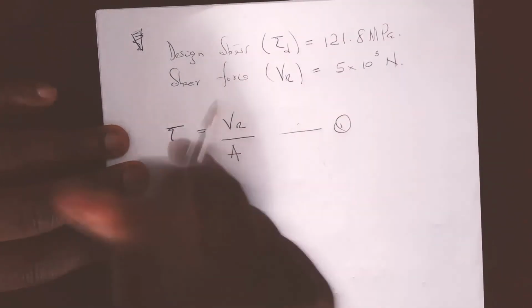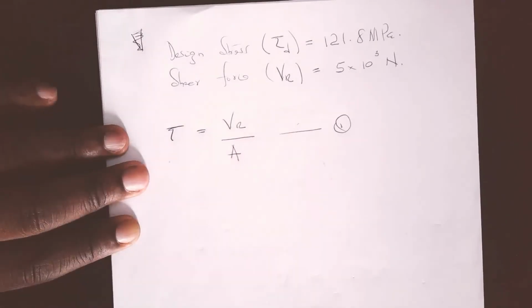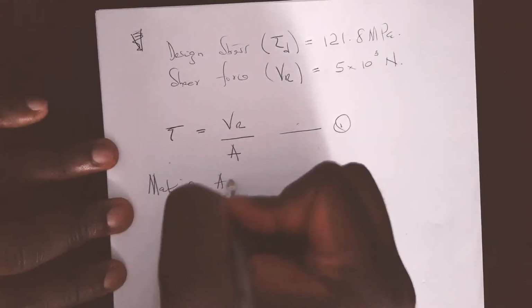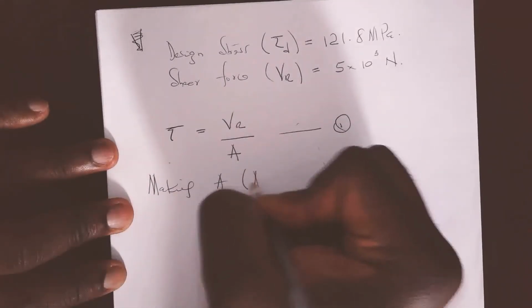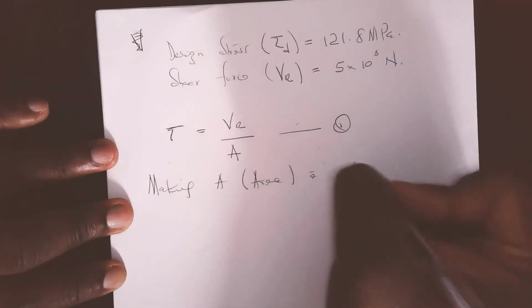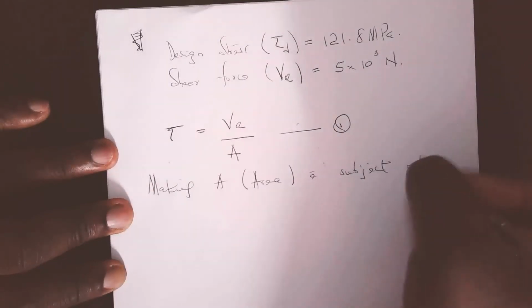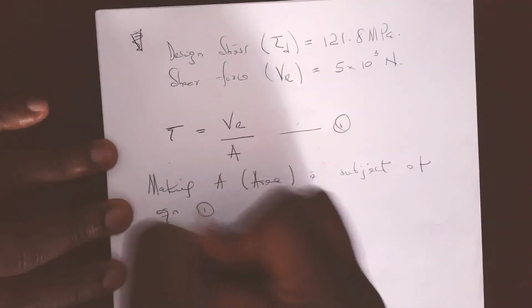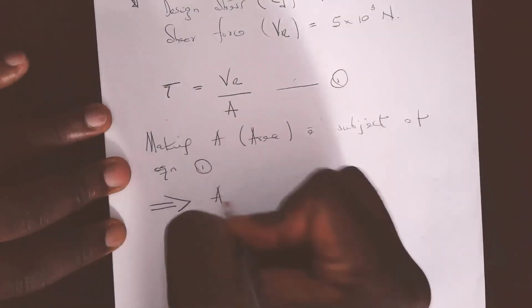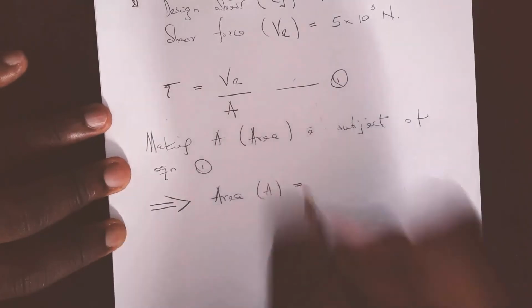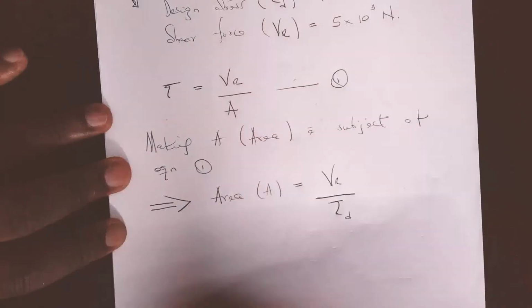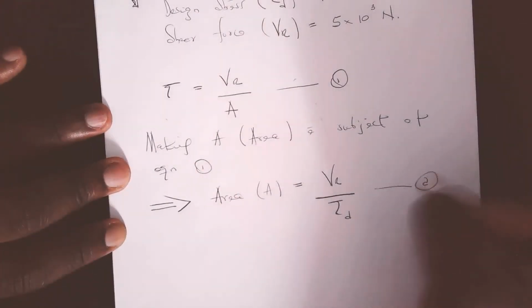So what we can do here is transpose this equation and make A, the area of the bolt, the subject of equation 1. Then area A will be equal to shear force divided by the design stress. Let's call that equation 2.